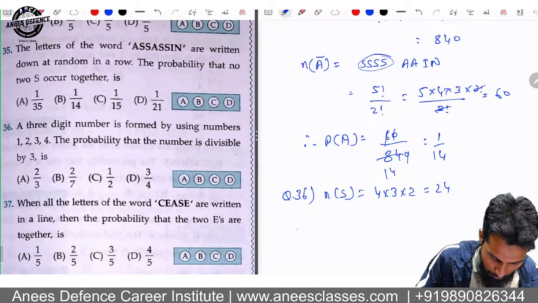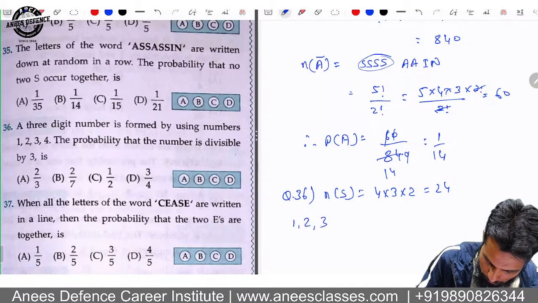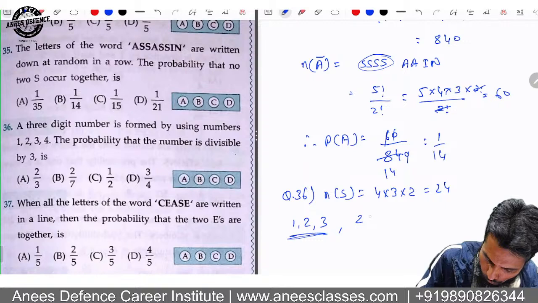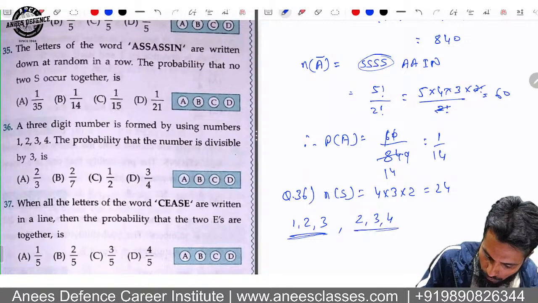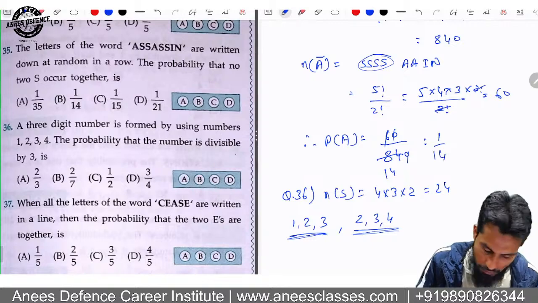Fine. Then for divisible by 3, you need to take the triplets. That is 1, 2, 3, the sum is divisible by 3, and then 2, 3, 4 also you can write. This triplet is also divisible by 3. Option C, 36. Yes, correct.